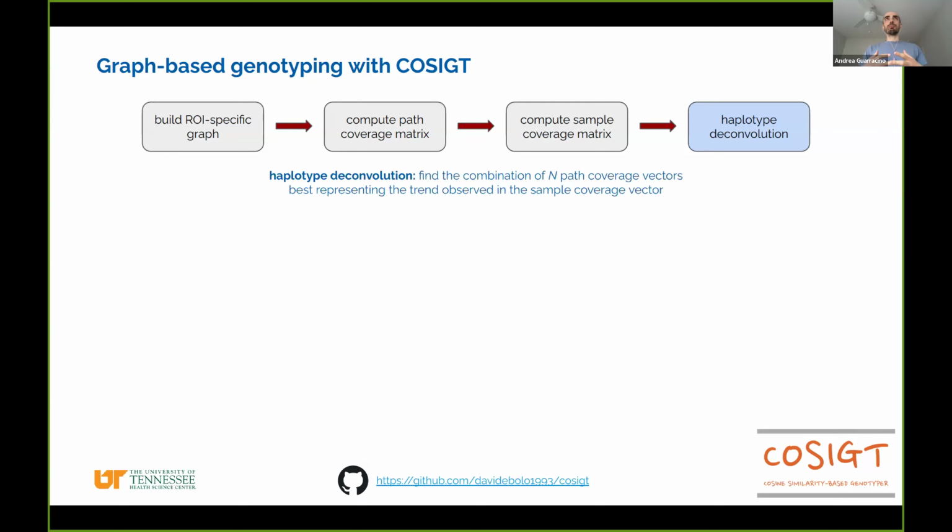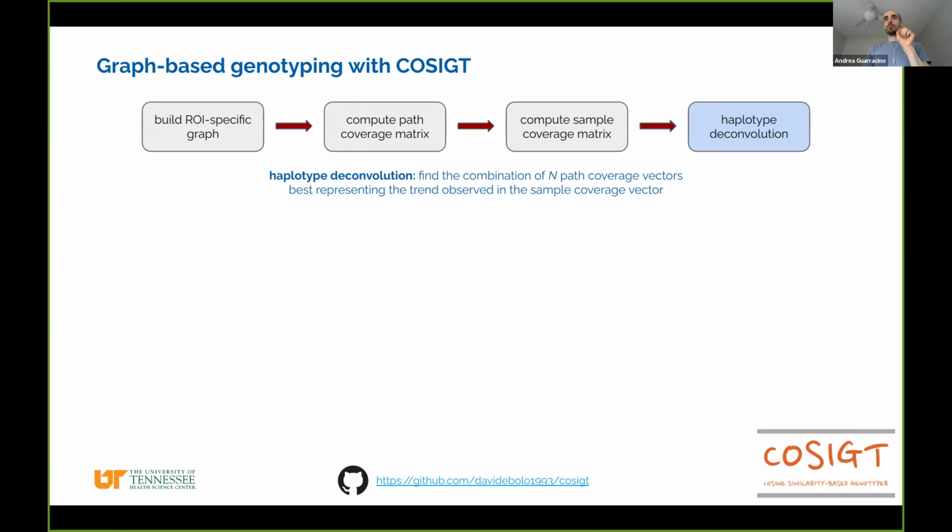To summarize this step in one sentence, the aim here is to find the best combination of n path coverage vectors. n in our case is 2 because humans are diploid. So the aim is to find the combination of 2 path coverage vectors that better represent what we see in the sample coverage vectors.